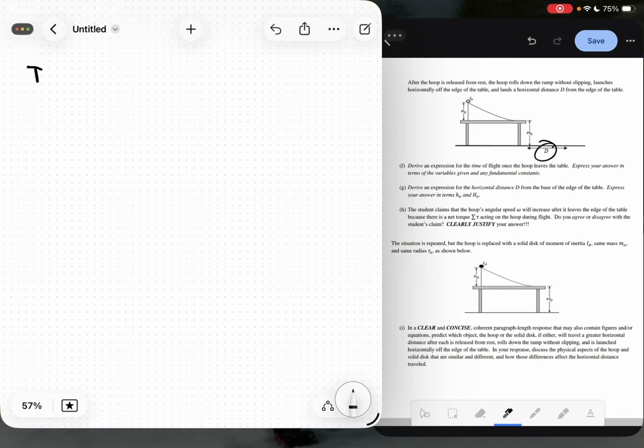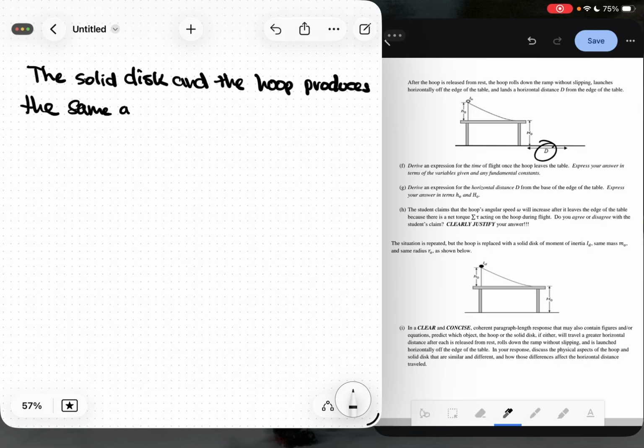For part I, the solid disk and the hoop produce the same amount of energy and time, because they have the same height.